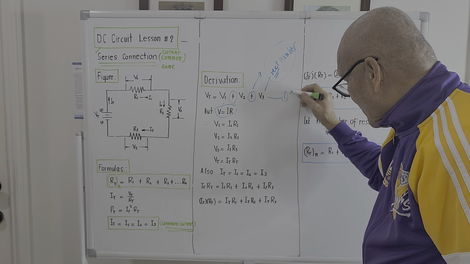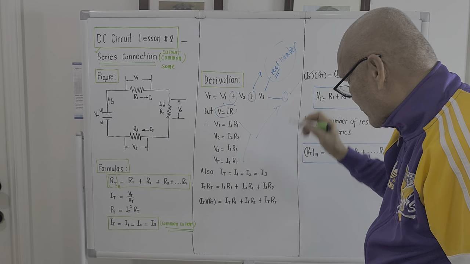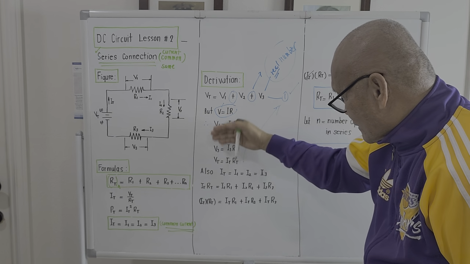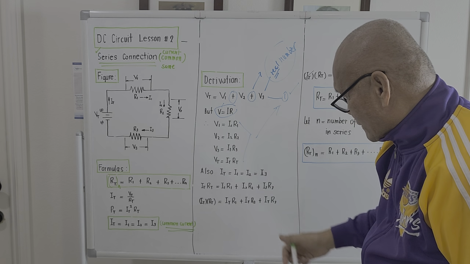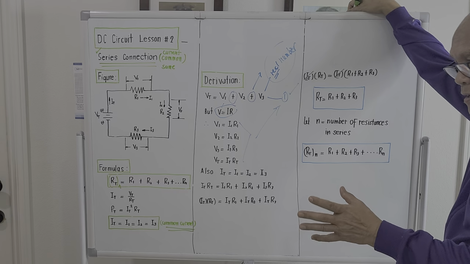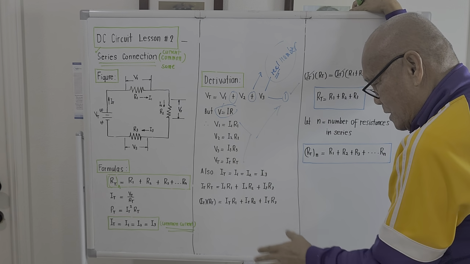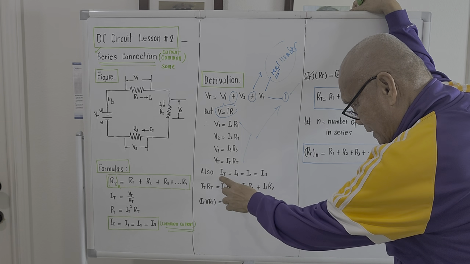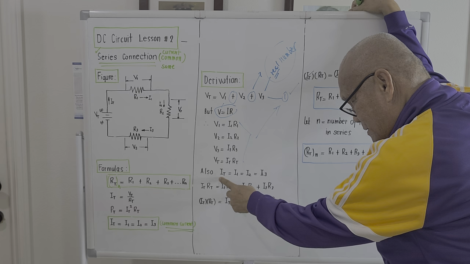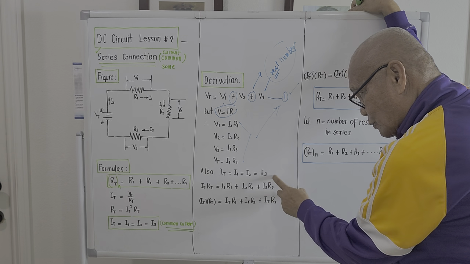So, referring to equation number 1, if we place these values into equation number 1, what will happen? We put these values back to equation number 1. But there is also a relation which is needed if we substitute values. If we inspect the figure, I total is equal to I sub 1, equal to I sub 2, equal to I sub 3.